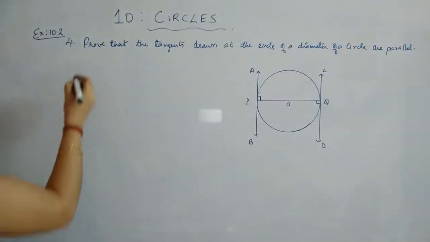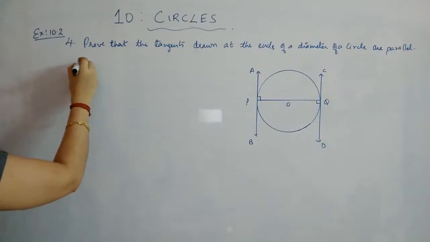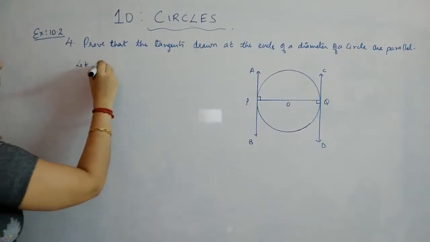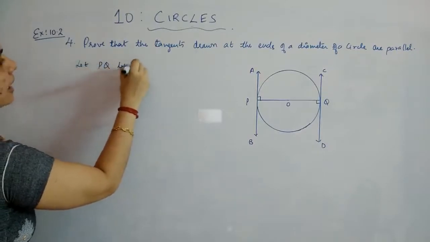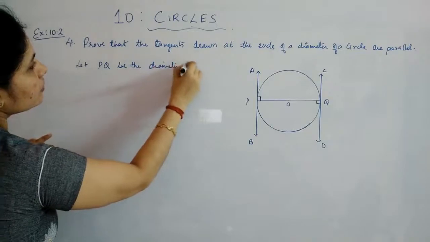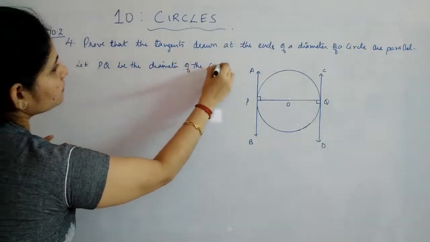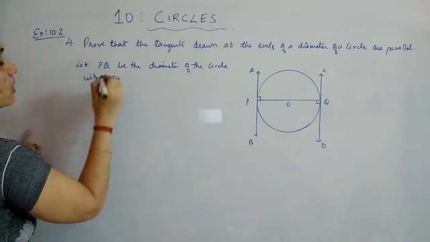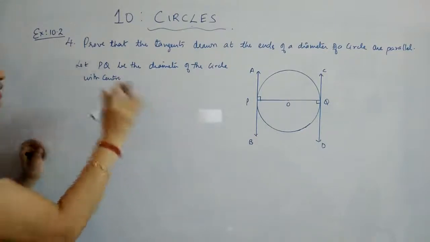Okay. So first thing which you are writing is, let PQ be the diameter of the circle with center O. Because the figure is not given in the question, you have to explain the figure also.